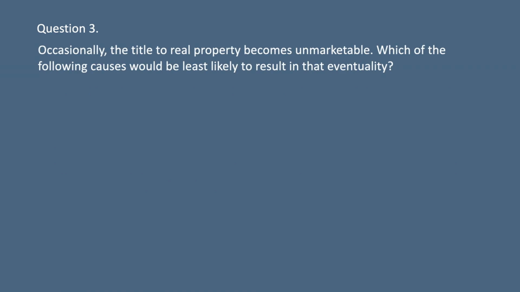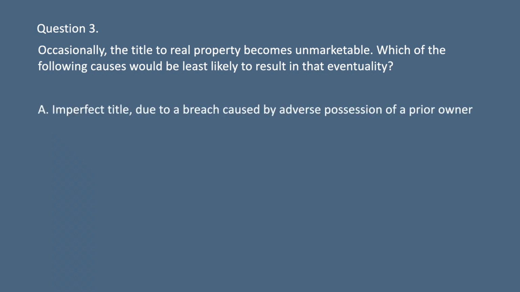Question 3. Occasionally, the title to real property becomes unmarketable. Which of the following causes would be least likely to result in that eventuality? A. Imperfect title, due to a breach caused by adverse possession of a prior owner. B. A lis pendens filed by the husband of the owner of record.